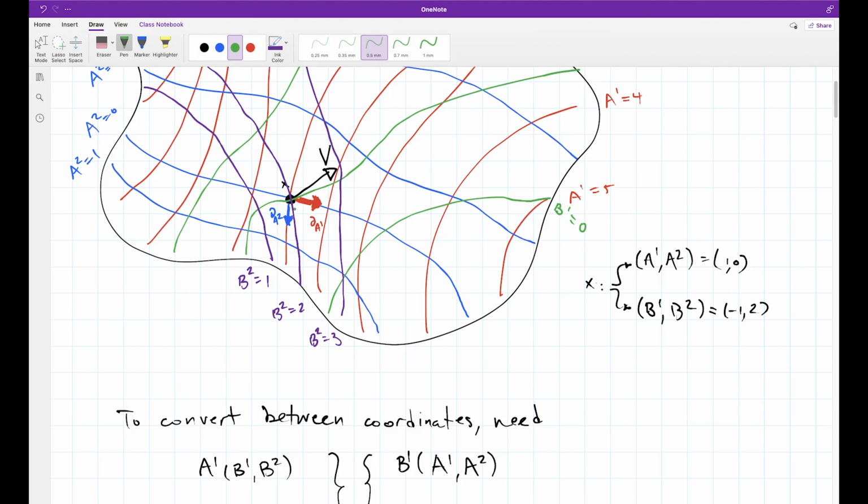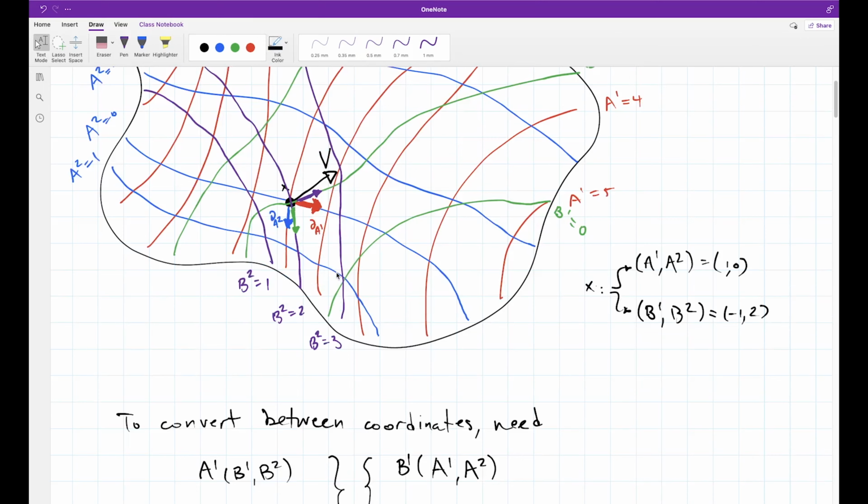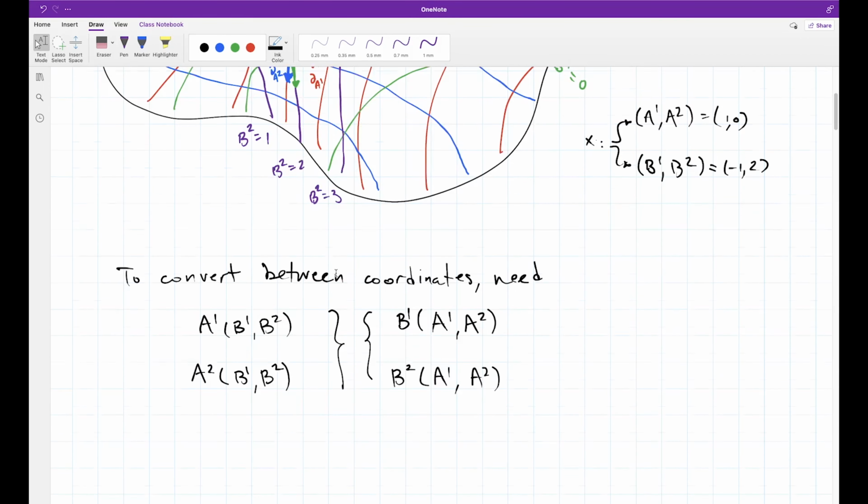So first of all, we have the partial B1 vector, which points something like in this direction. Yes, that is the increasing direction. Good. And then we have the partial B2 vector. And I'll leave off the labels just to save us a little bit of space here. Okay, good. And let's just blow up that picture really quickly.